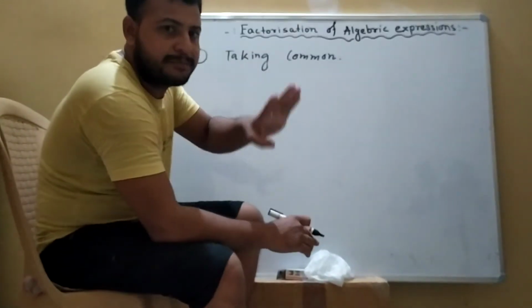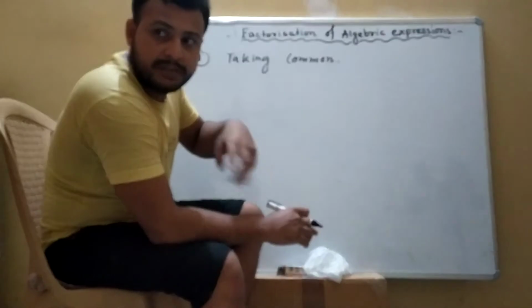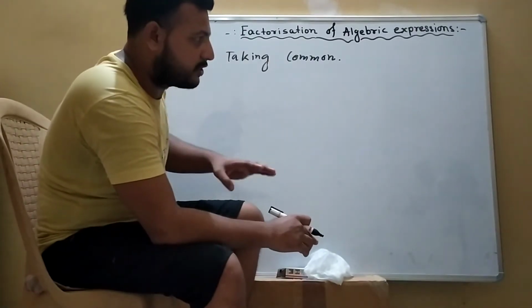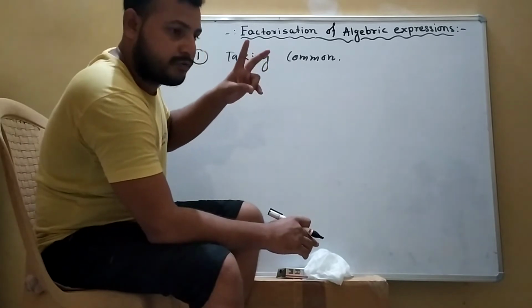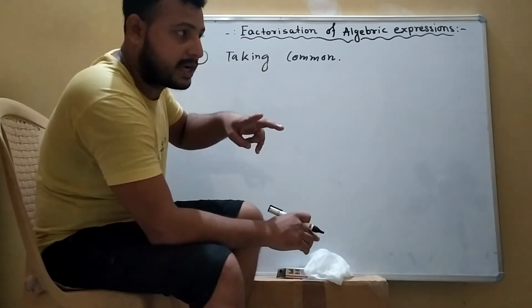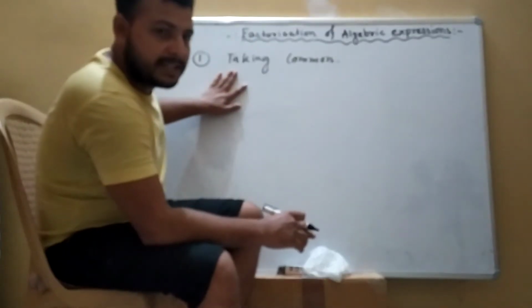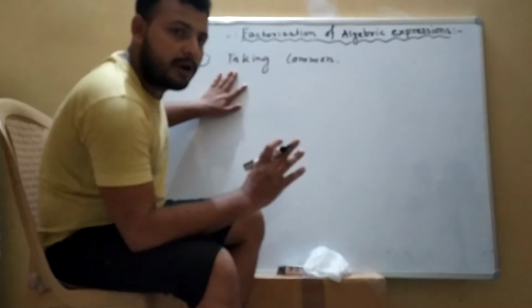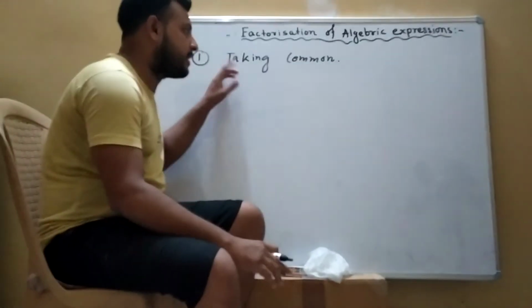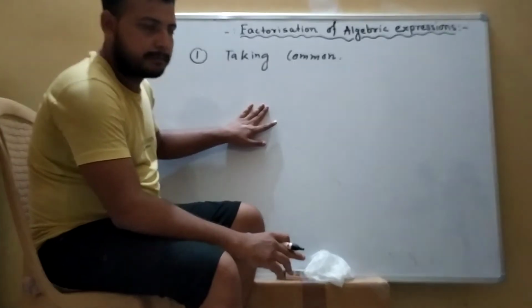If there are 5 terms, and something can be taken common from all 5 terms, then only you will take common, otherwise you will not. If we can take common only from 2 terms, then you will not take common. This first method is only for all the terms. When you can take something common from all the terms, then only you will take common. So this is the first process.